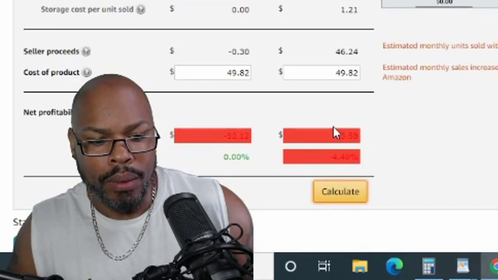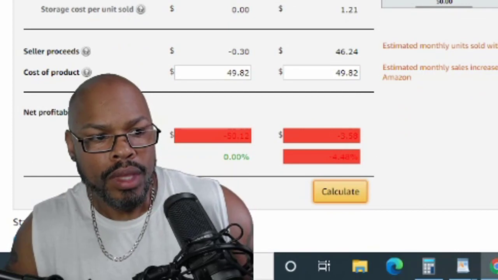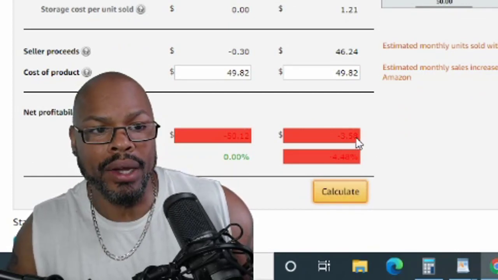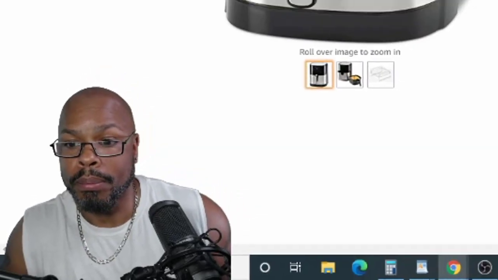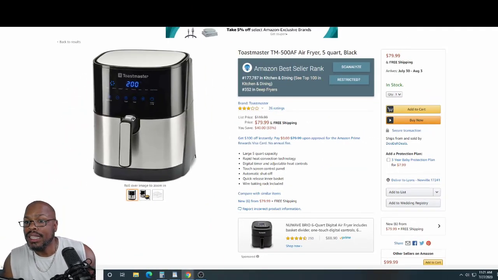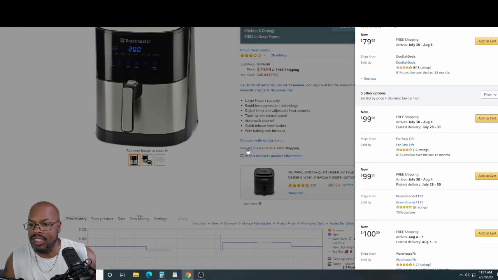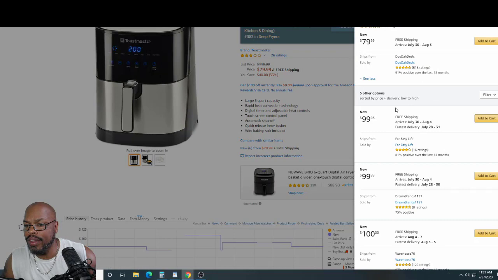This is my cost. And then you could see I would actually lose money there. Now watch what happens here, because what you want to do is be able to make a decision, and you need to know how to use those factors. For example, no one is selling the product FBA.